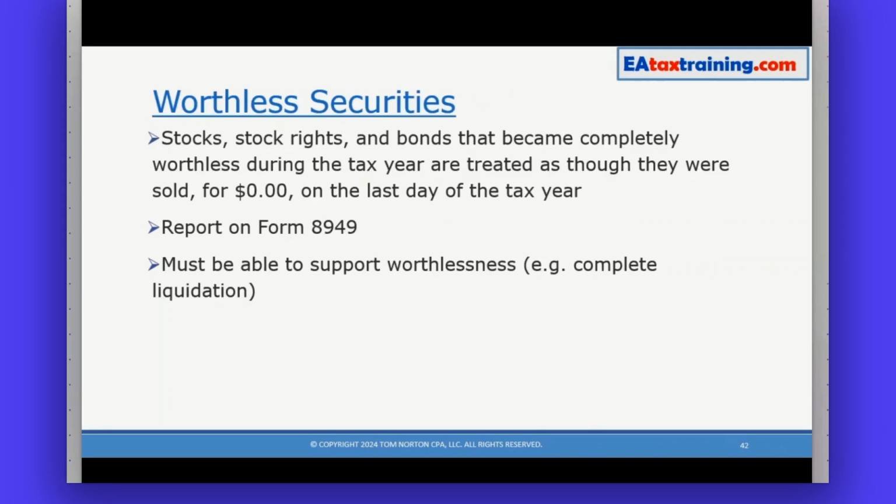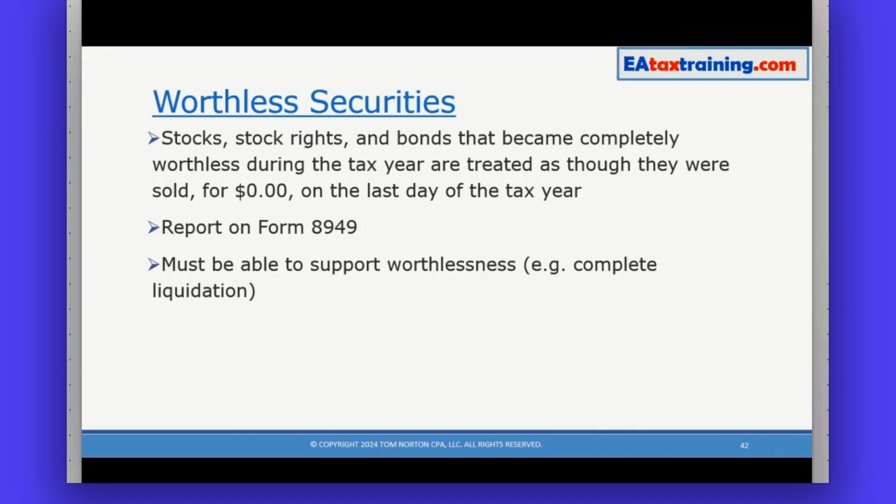Worthless securities. If you buy a stock or similar instrument, a security, that at some point has become completely worthless, then that is a loss. You treat it as if you sold it on the last day of the tax year.